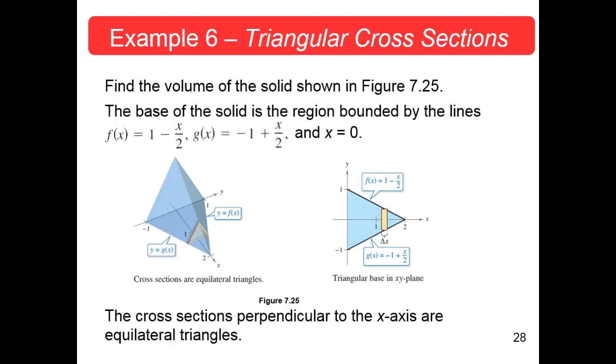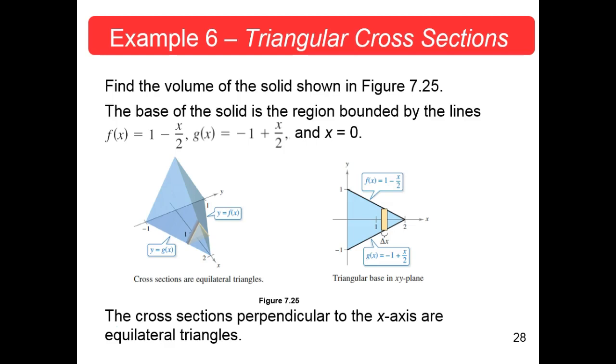So in the xy axis, when your f of x is y, by the way, so y is equal to 0, then 1 is equal to x over 2, so x would be equal to 2.